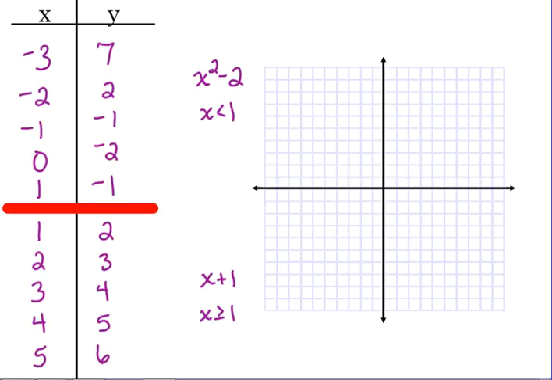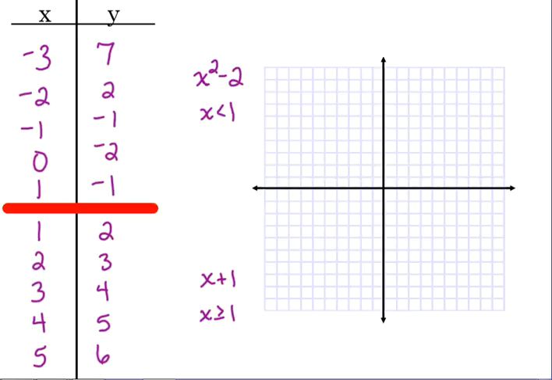Now, before we start plotting points, I've got one more thing that I have to do. These are functions, so functions must pass the vertical line test. That means that I can't have two different y values for the same x value. So I can't have two different y values for x equals 1. One of them is going to get a point, and one of them is going to get an open circle.